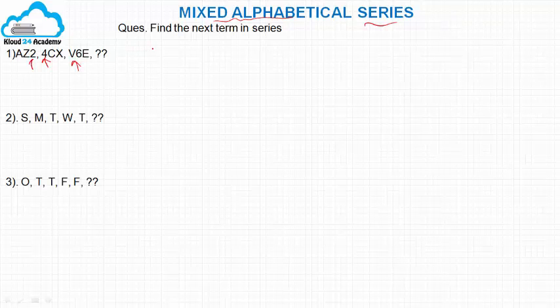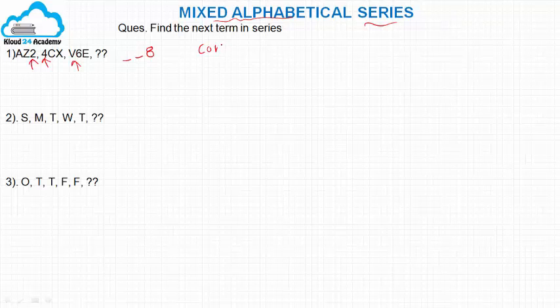So we know next we'll have 8. And first 2 was at third position, 4 was at first position, 6 was at second position. So now 8 will be at third position again. So these 2, which alphabets will replace this?